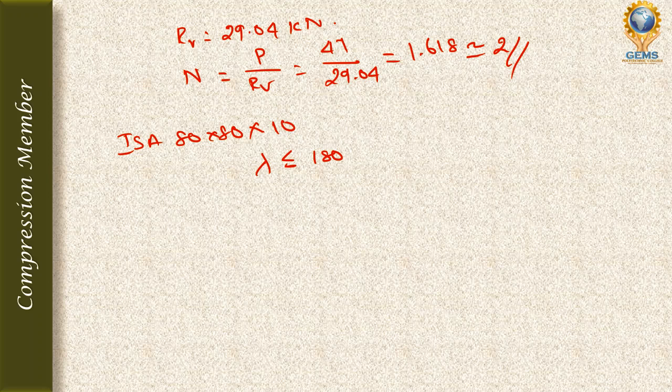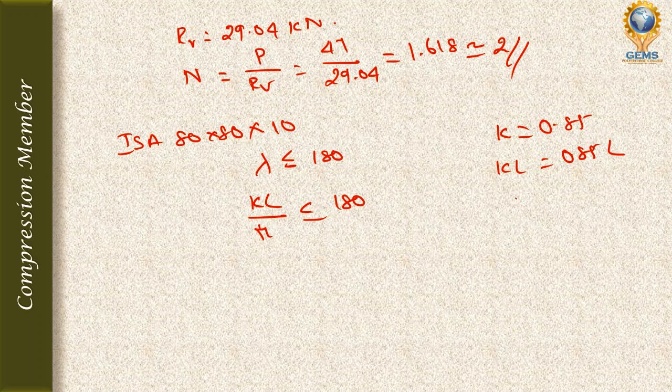So our KL by r is less than or equal to 180. Here more than one rivet is used in the connection, so our effective length constant K is equal to 0.85. So our KL is equal to 0.85 L.